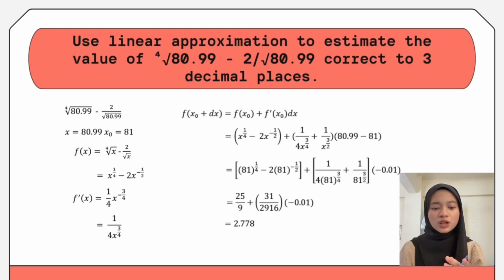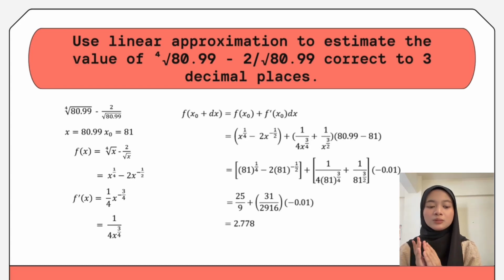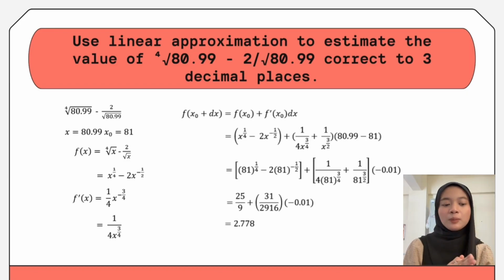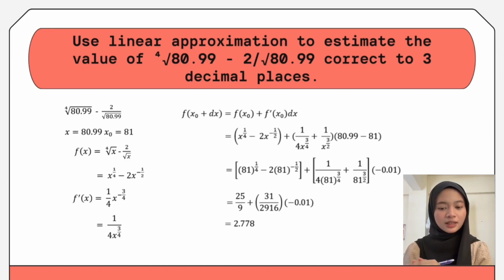So we substitute the equation of f prime x that we got earlier, which is 1 over 4x to the power of 3 over 4 plus 1 over x to the power of 3 over 2, multiplied with delta x. Delta x is x minus x naught.